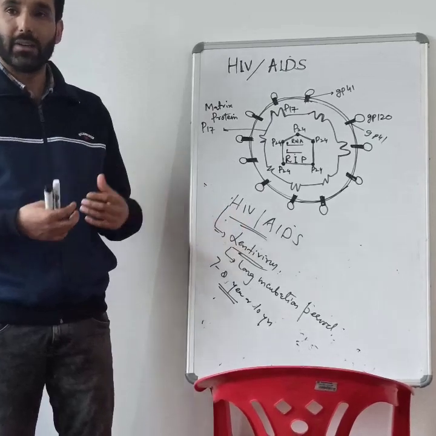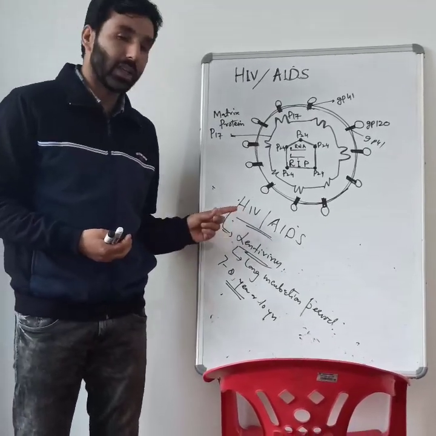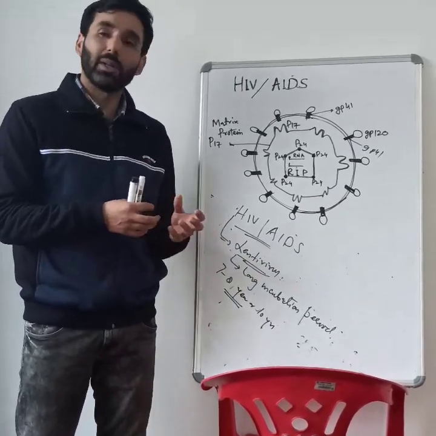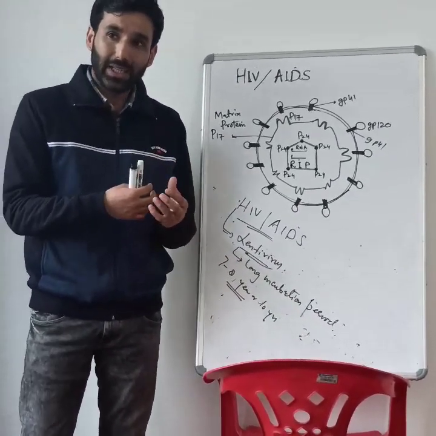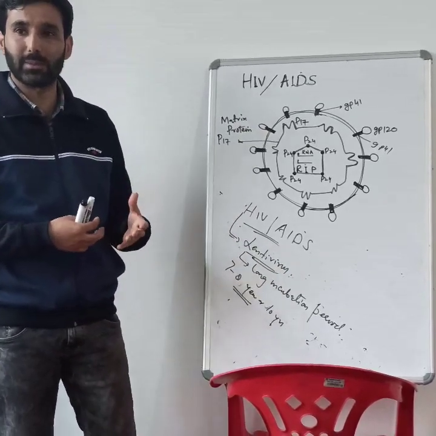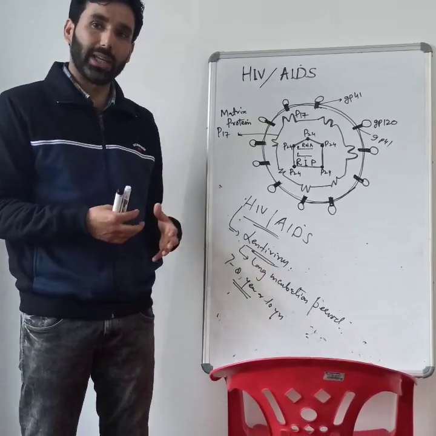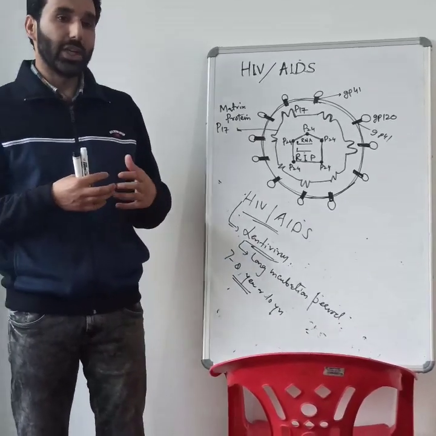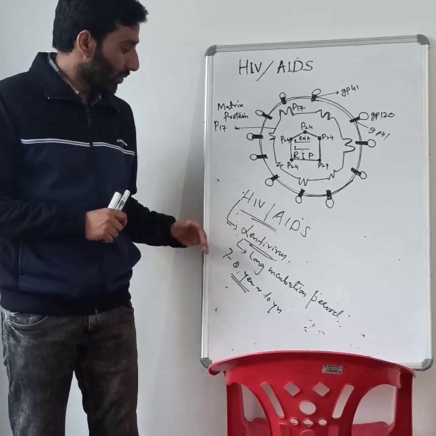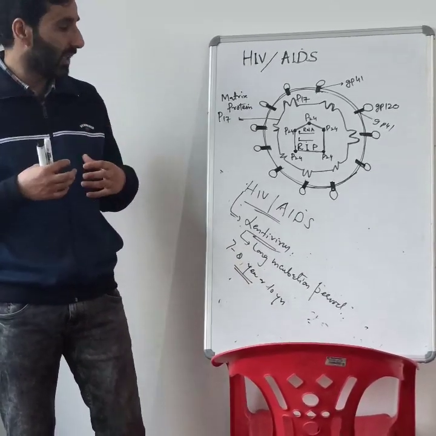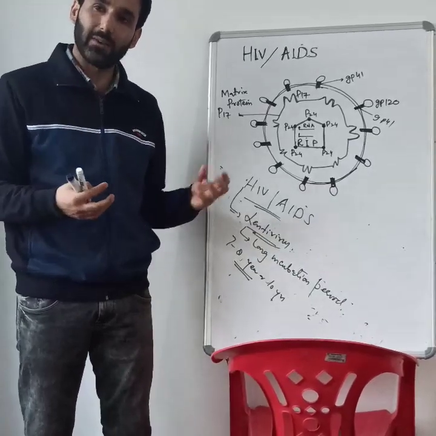When a person gets infected with HIV, first he will develop the acute stage of infection, with flu-like symptoms like fever, sore throat, and body ache. Then the virus will remain in a latency period for 7 to 8 to 10 years without any symptoms, asymptomatic. The person will live a normal life for 7 years.